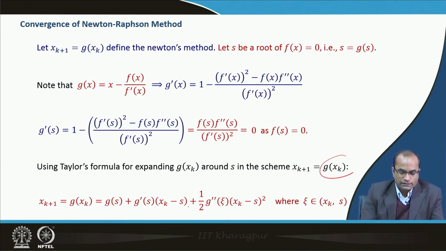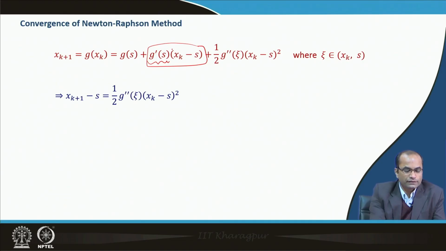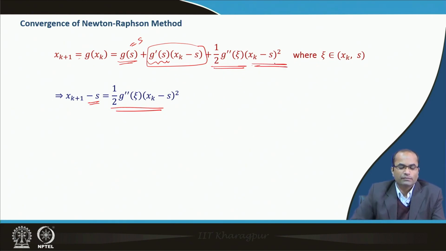So, expanding this now, and we know already that this g prime s is 0. So, this term will get cancelled. So, having this g prime s 0, this gets cancelled, and we have x k plus 1, g s is equal to s, because that is the fixed point. So, we have minus s there, and on the right hand side, we are getting half g double prime at xi and x k minus s whole square.